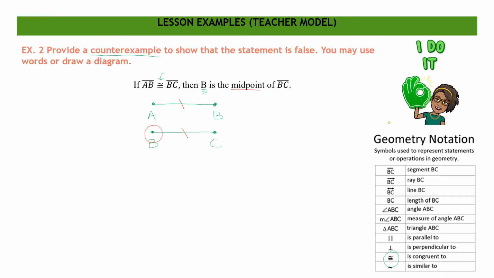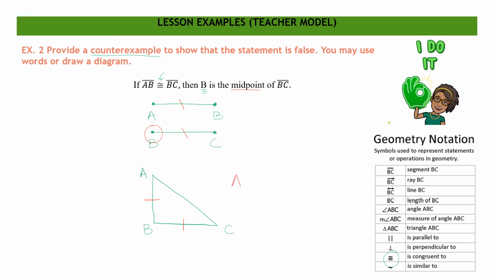Another example is that if I just draw a figure, say I draw a triangle and I label this triangle A, B, C, right? I can say that segment AB, this segment right here, is congruent to segment BC, this segment right here.